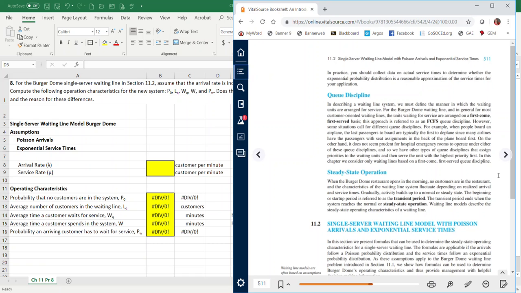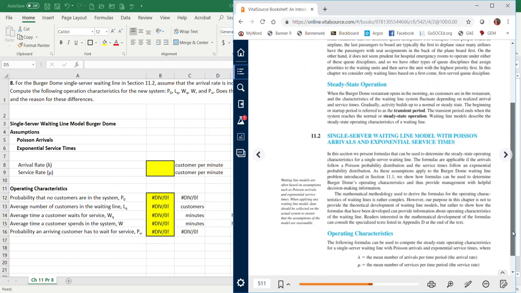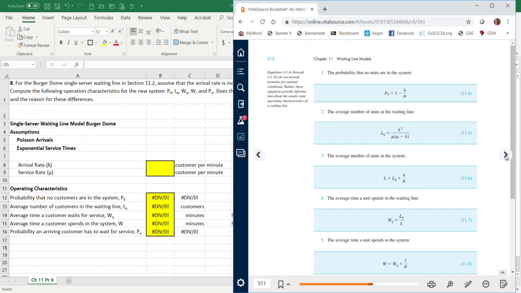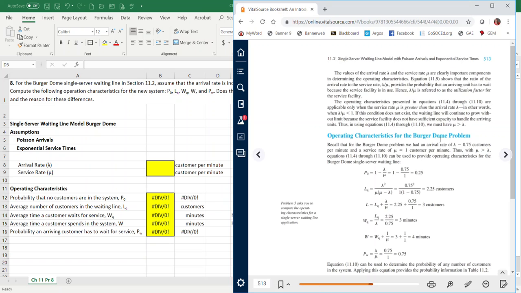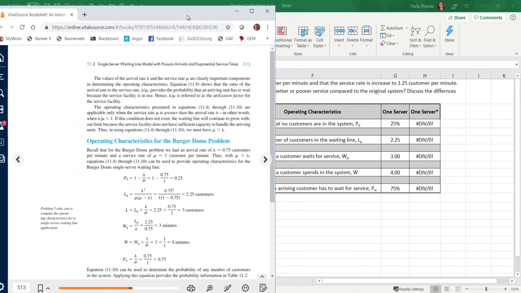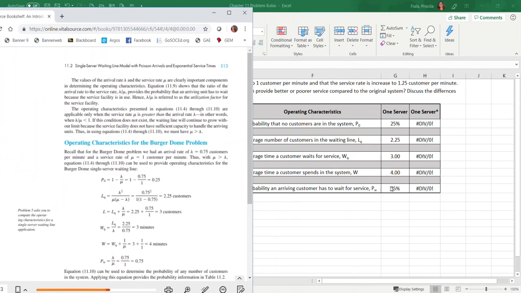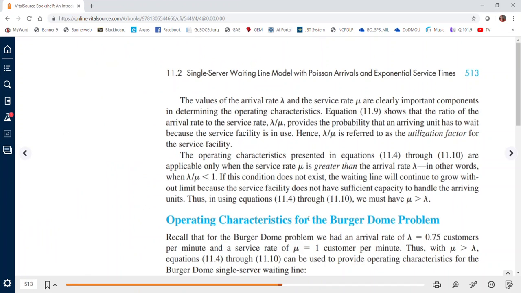Okay, so right here it's talking about a business, operating characteristics, and giving you the formulas. And finally it talks about operating characteristics for the Burger Dome problem. So if you wonder where I got these values for one server, it's coming from the book.